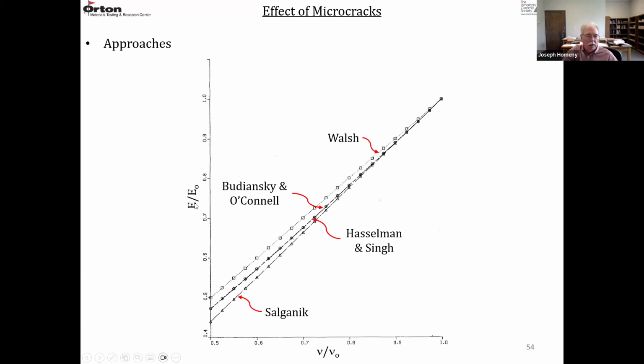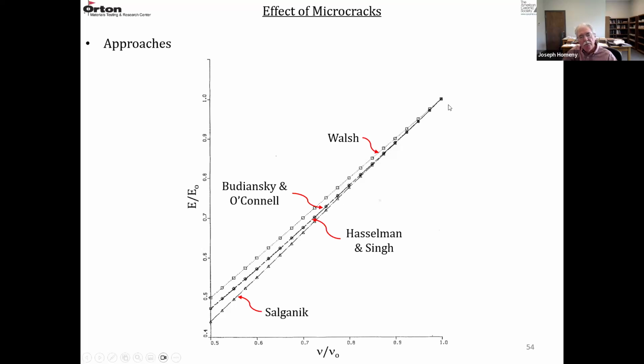So you can plot E over E0, and that goes from, in this case, 0.4 to 1. So it's the fraction here, and this fraction, nu over nu zero, goes from 0.5 to 1. So here are the 4 different models: Walsh, Budiansky and O'Connell, Hasselman and Singh, and Salganic.